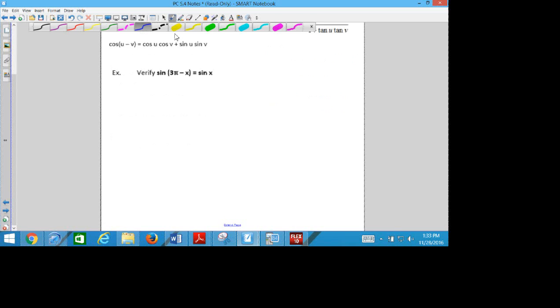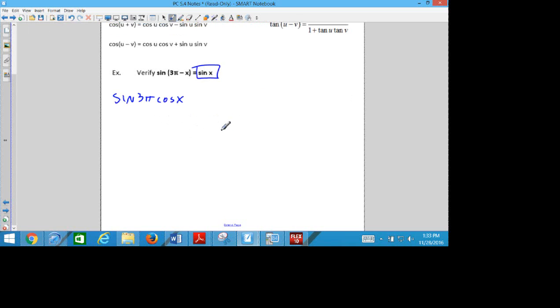So which side should we work with? Left. So we're going to leave the right side as is, and we're going to do sine of 3 pi minus x. Well, that is a difference formula. So we'll do sine 3 pi cosine x minus cosine 3 pi sine x.